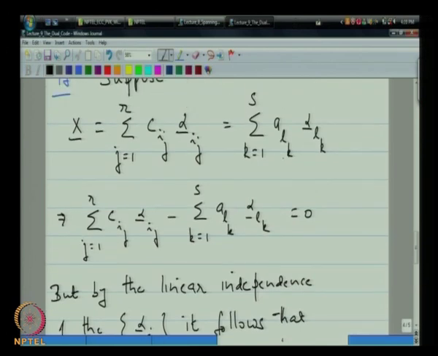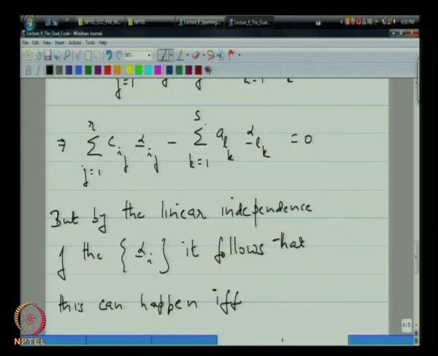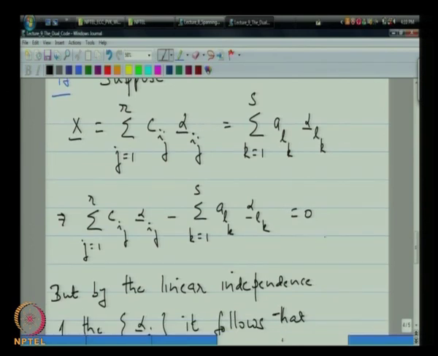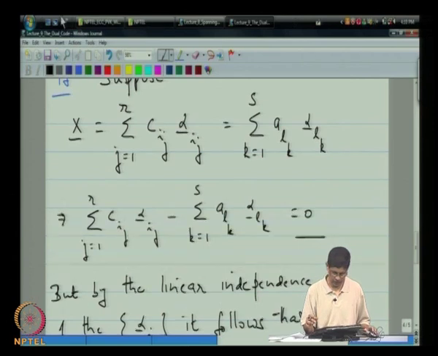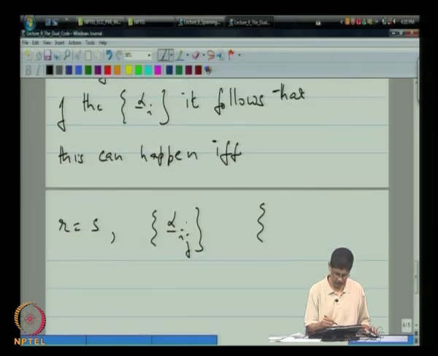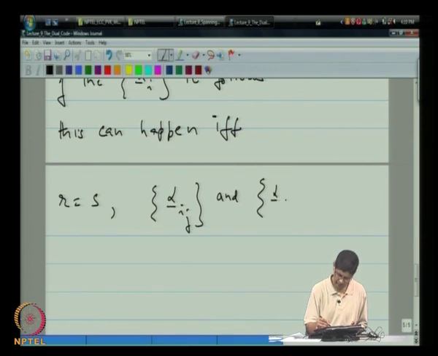Okay. So, I have made this so that these sets of vectors could ostensibly, at the outset, be different, but the only way this can happen is if all the coefficients in front of every alpha are 0, right, and that can only happen if and only if r is equal to s and alpha I j and alpha L k are the same.